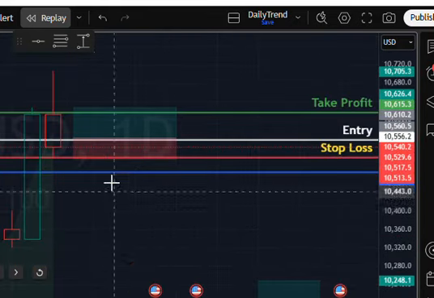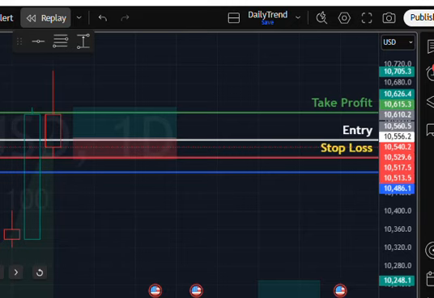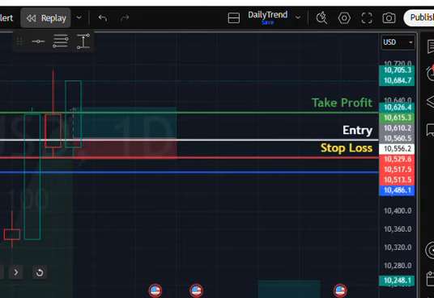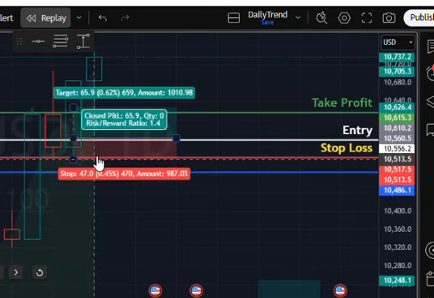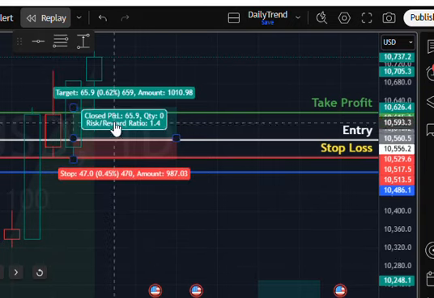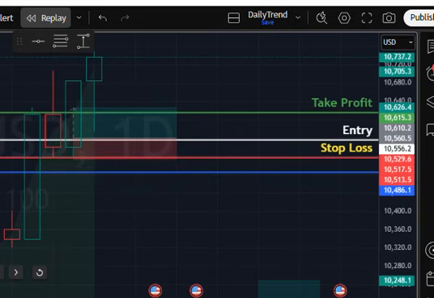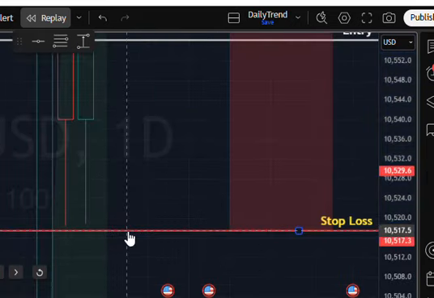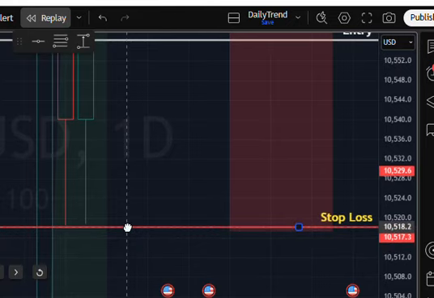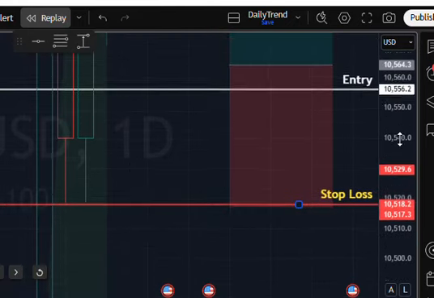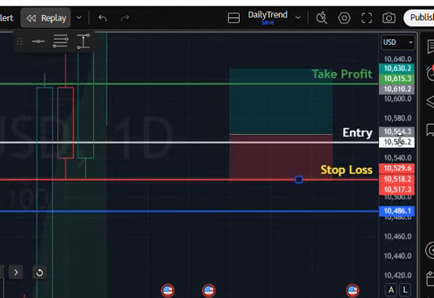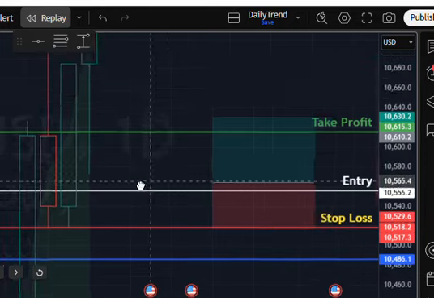This is a really great setup here. It's a 1.5, so let's see what happens. All right, that hit, and we can see it didn't hit the stop loss. But like I said, just calculate the stop loss being hit first, and then I'll make my own analysis.